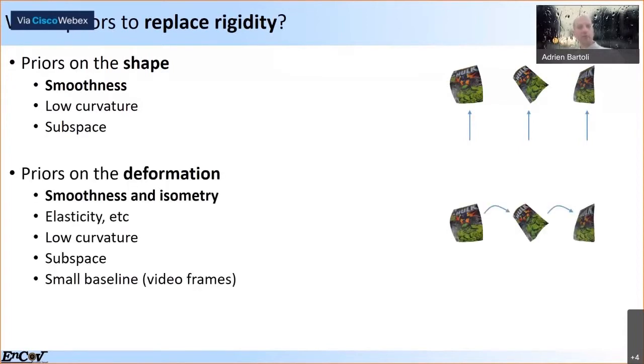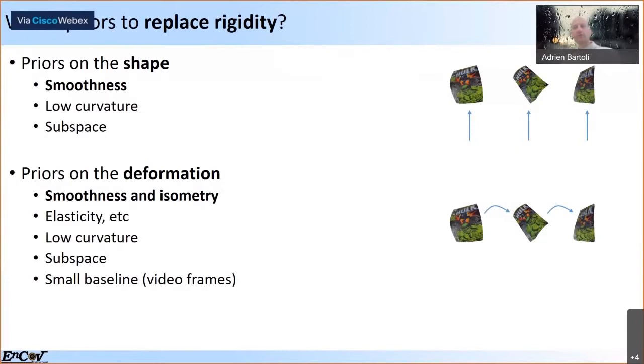Then there are priors we can put on the deformation that occurs in time across the different shapes, across the different observations. I'm going to exploit smoothness and another important one, which is isometry and approximations of isometry, such as quasi-isometry, that tells us that when there is a deformation occurring to the surface, then the points stick together.